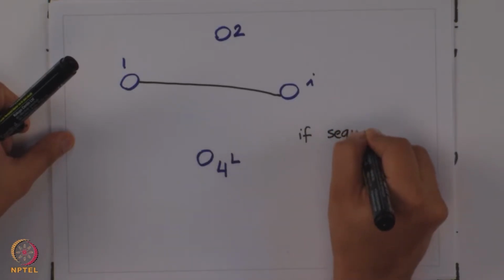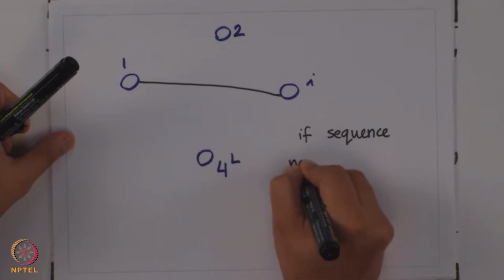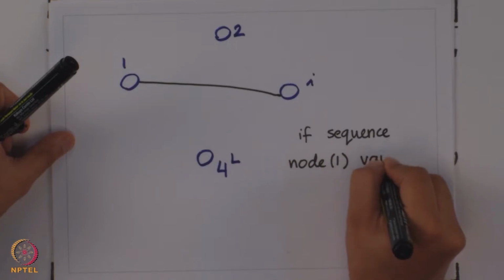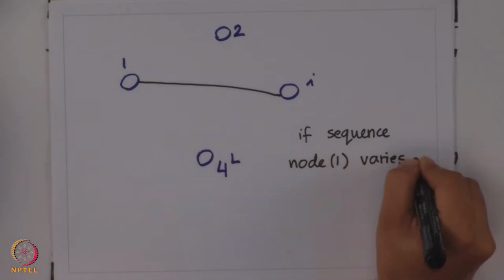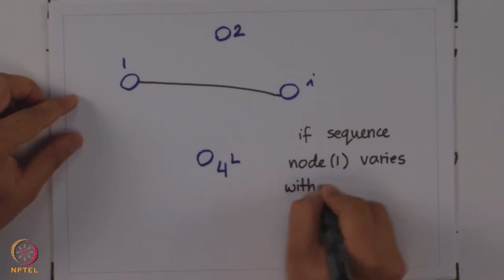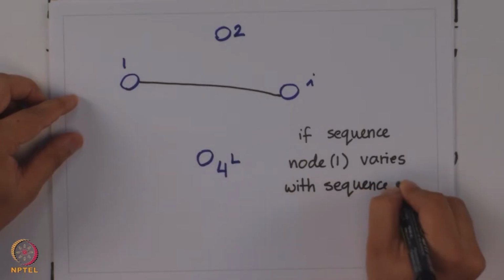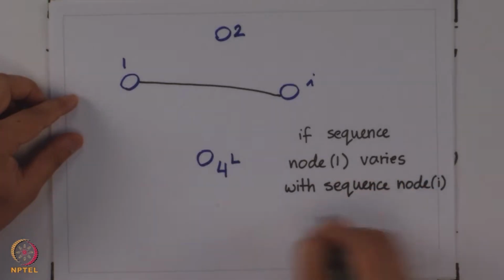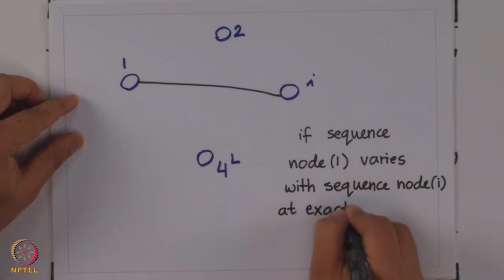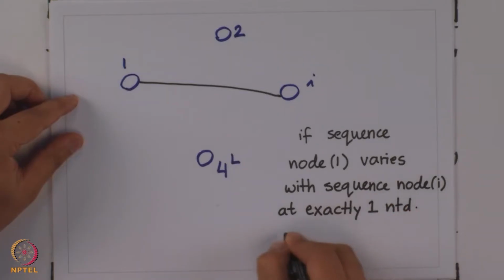And we are connecting node 1 and node I if the sequence associated with node 1 varies with the sequence associated with node I at exactly one nucleotide only.